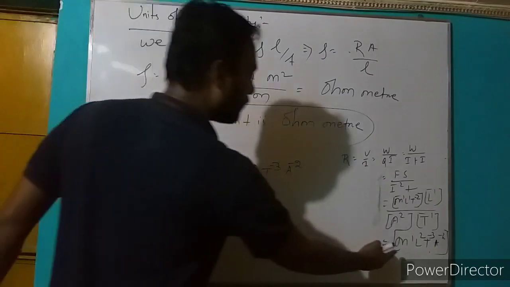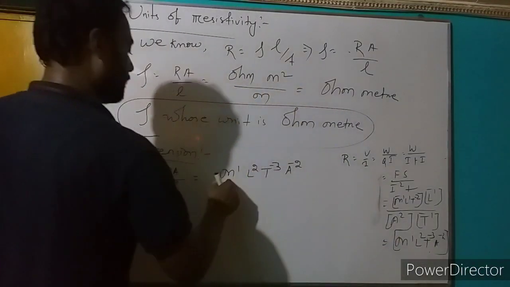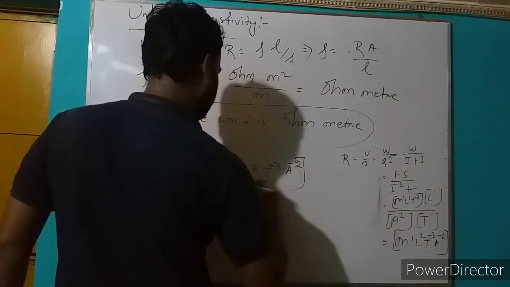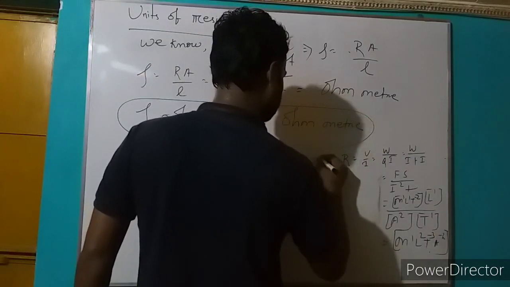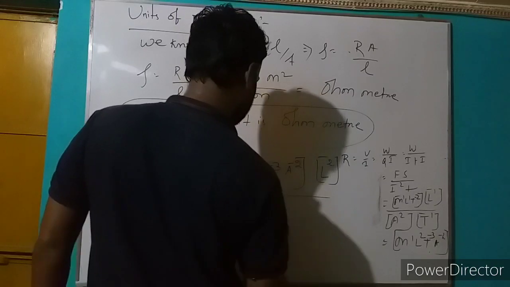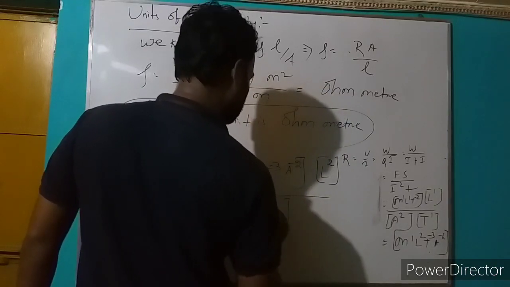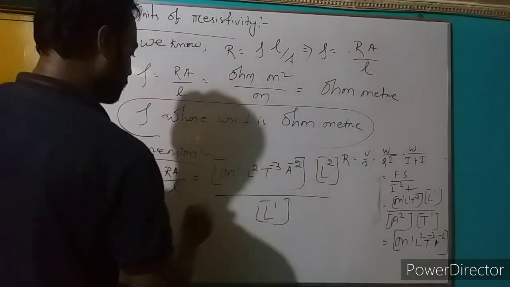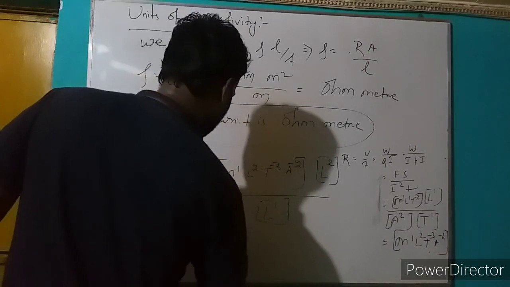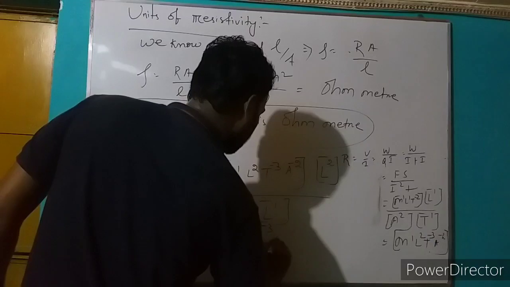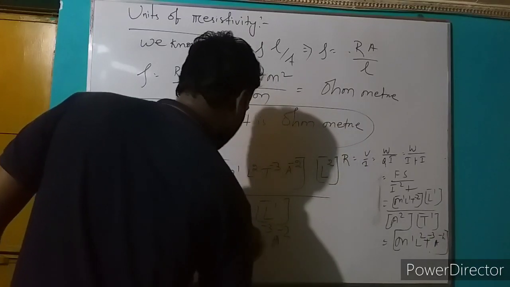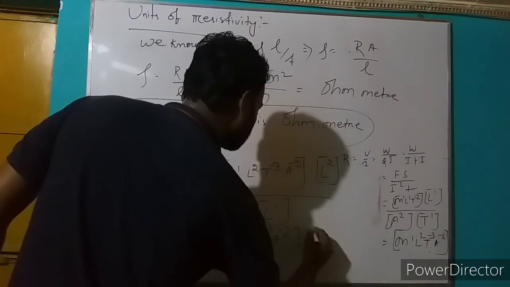So if you put the value of resistance in the form of dimension, into area, which is L to the power 2, divided by L to the power 1, L1 cancels out and only one L1 is there. So M1 L2 T minus 3 A minus 2 into L1.